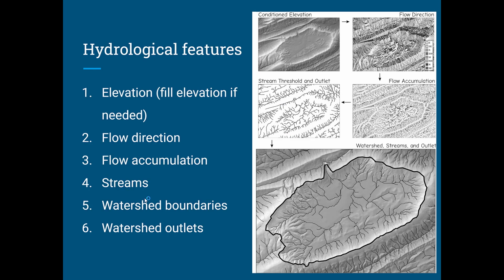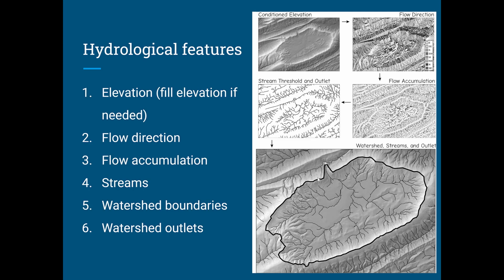Based on your streams, you can define your watershed boundaries. You can also define your watershed outlets. This sounds a little bit abstract, so in our virtual lecture, I'm going to use a section of Catalina Island to show you how to do this with the ArcGIS toolbox.